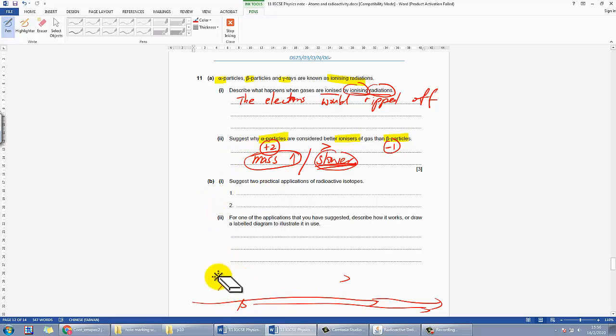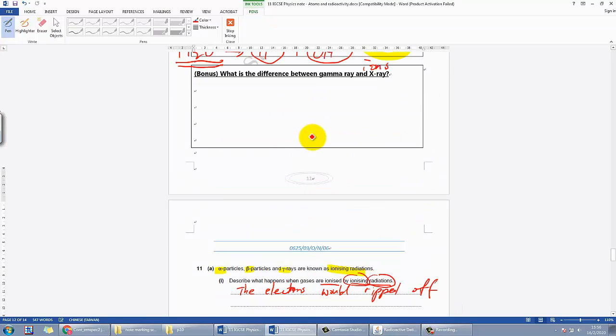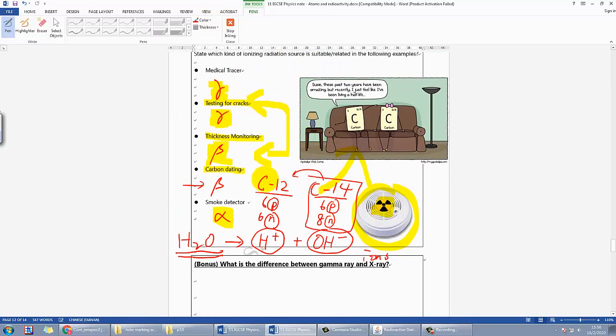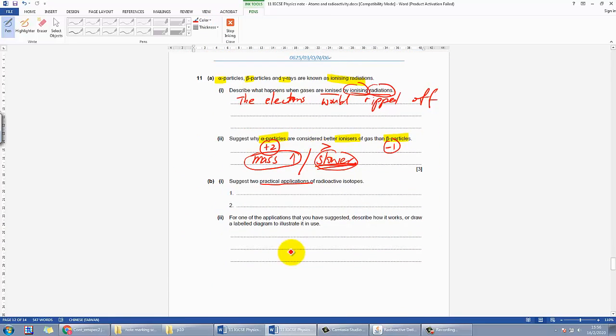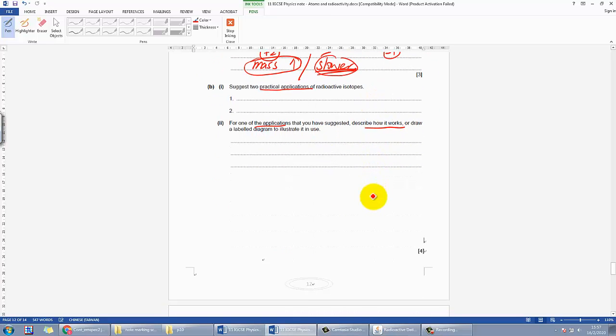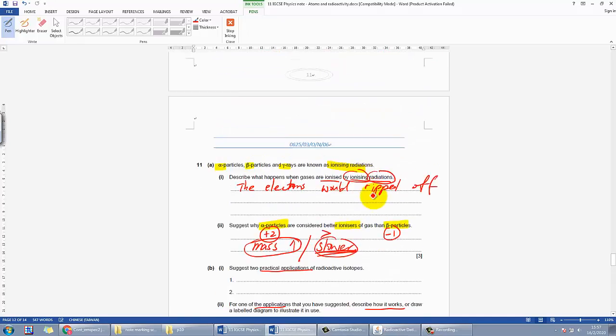For part B1, it asks you to suggest those practical applications. Basically, it is the ones in the previous page. So you can name any of them. Any of them is fine. And it asks you to suggest, for one of the applications, describe how it works and draw a diagram to illustrate it. I think it doesn't really matter which one you use.